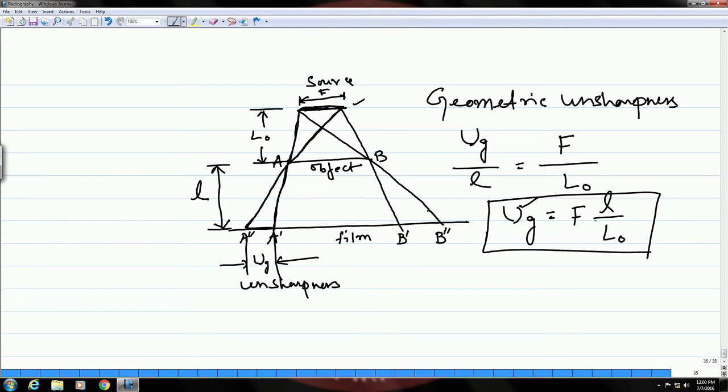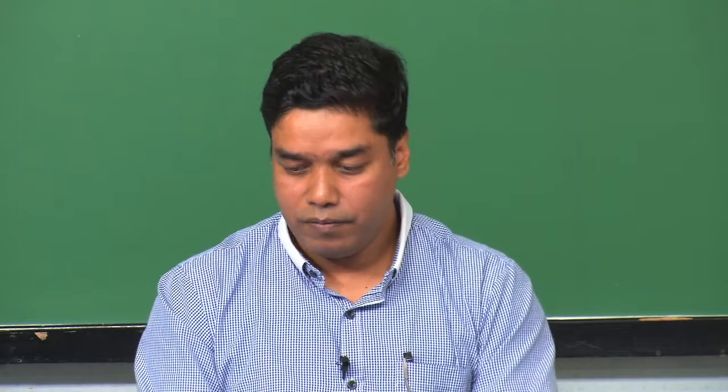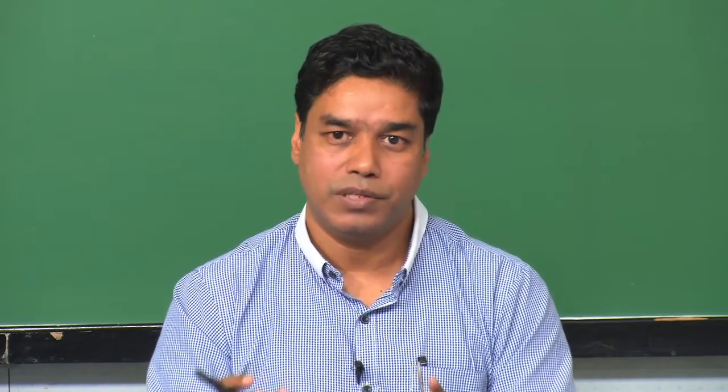And according to this particular equation, we can see that UG can be minimized if you could minimize f, keeping the other two same. For a particular focal spot size, you can either minimize L, that is the distance between the object and the film, or you can maximize L naught. Okay. So, these are the 3 choices that you have to minimize the unsharpness and get the best quality image.